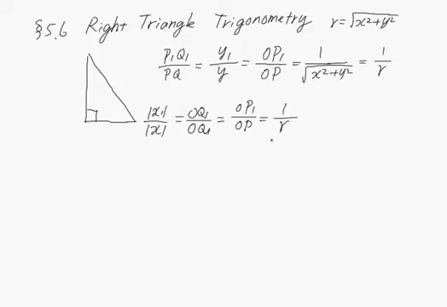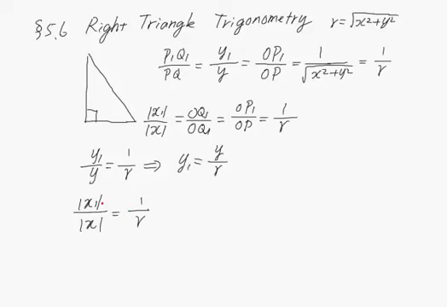Then from here we have, okay, when we rewrite these two equations, we have y1 over y equal to 1 over r, and from this we just multiply both sides by y, and you get y1 equal to y over r. And then we have another equation, the absolute value of x1 over the absolute value of x equal to 1 over r.